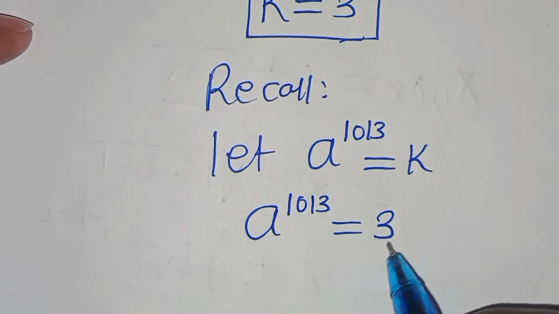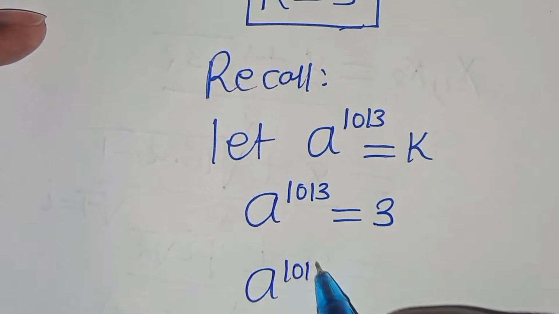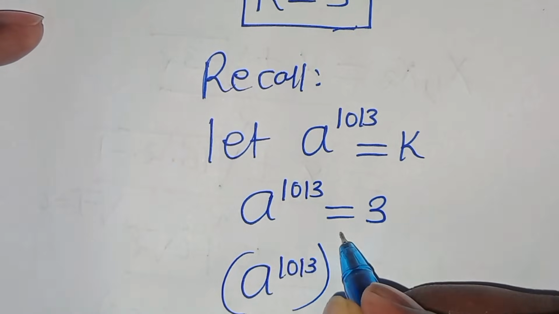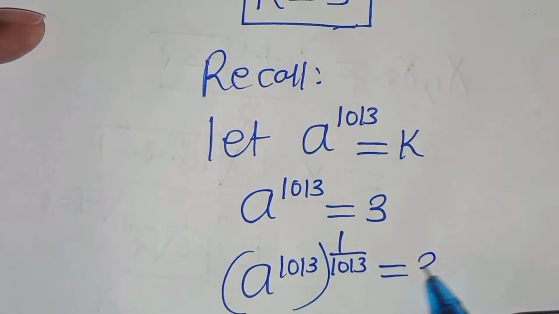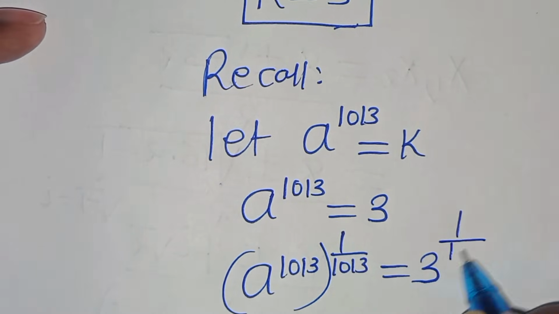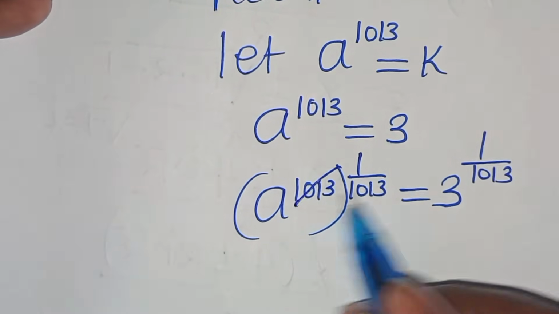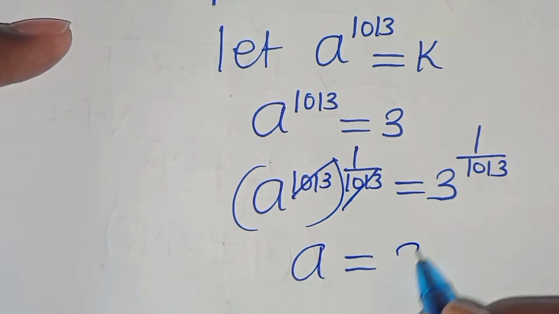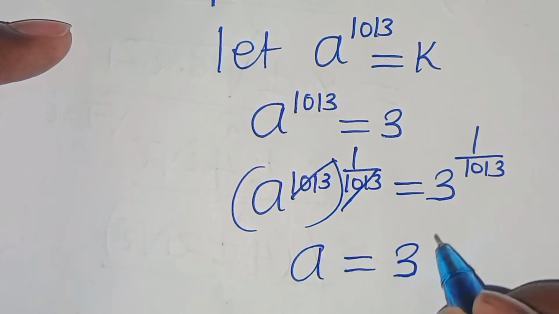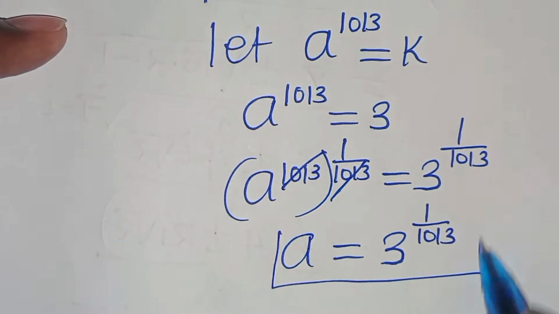Now for the value of A, let's multiply both sides by 1 over 10, 13. So this is equal to 3 to the power of 1 over 10, 13. The 10, 13 and 10, 13 here simplify so that we have A is equal to 3 raised to the power of 1 over 10, 13. So this is the value of A.